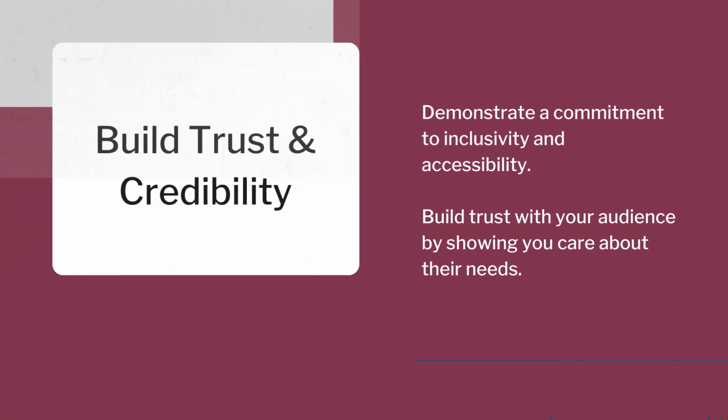The last benefit we're going to talk about today is that if you're using accessible hashtags and implementing accessibility into your other digital content, you're going to build trust and credibility. By demonstrating your commitment to inclusivity and accessibility, you're building trust with your users, letting them know that you care about their needs. And in today's day and age, that's pretty much what anybody wants.